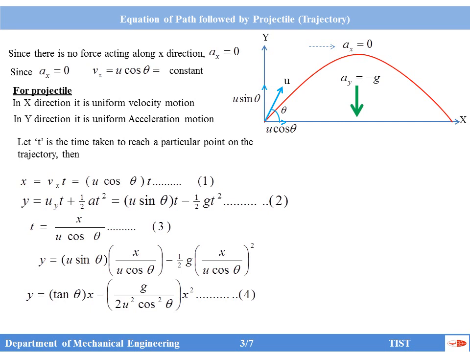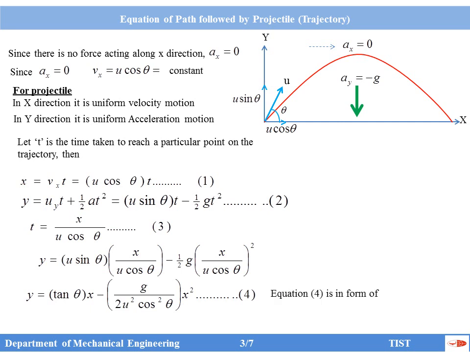So for a particular projectile, u and theta are constant. Since u and theta are constant, the term in the first bracket, that is tan theta, is constant, right? And in the second bracket, g is constant, u is constant, theta is constant, so cos theta is constant. So the terms in the brackets for a particular projectile motion are constant. The only variables are y and x, right?